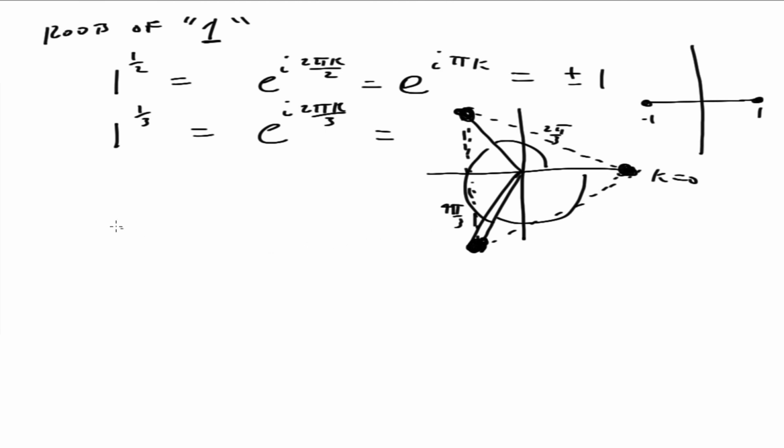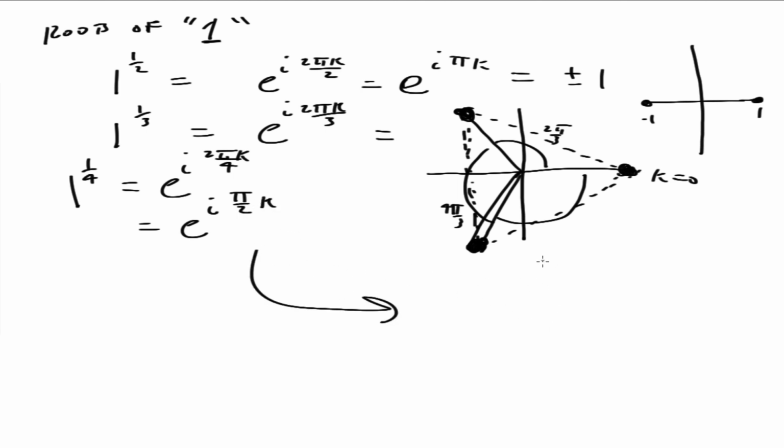Of course we can do the same thing for the fourth root of 1. That's going to be e to the i 2 pi k over 4, or rather e to the i pi over 2 k. Now you can see there's a nice pattern here.